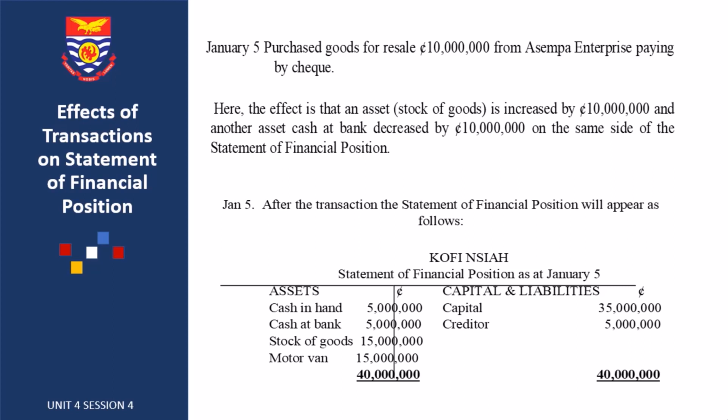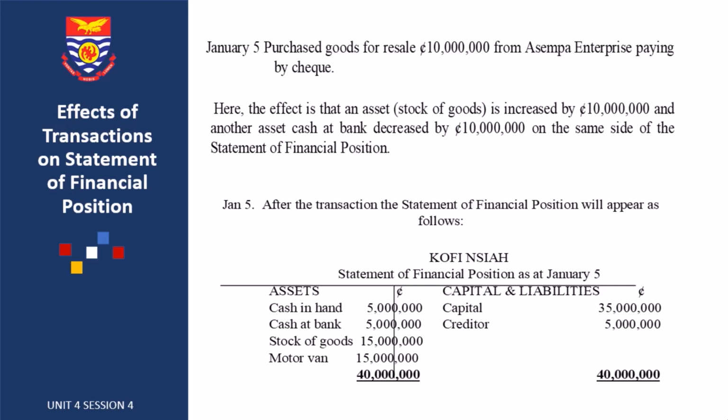So the statement of financial position will appear as an asset in the form of inventory increasing by 10 million Ghana cedis. If we remember, the balance on the inventory was 5 million Ghana cedis. So what it means is that the business used 10 million Ghana cedis out of its bank balance to purchase extra inventory.